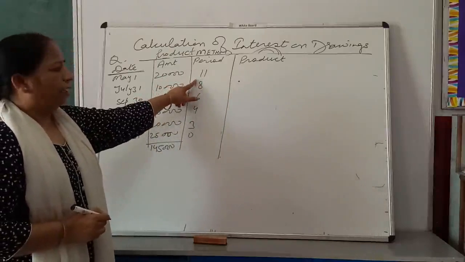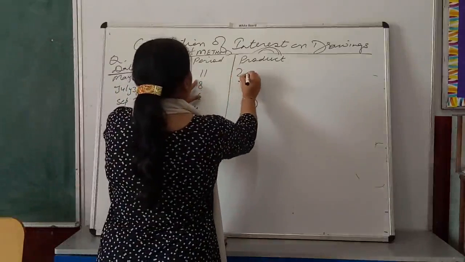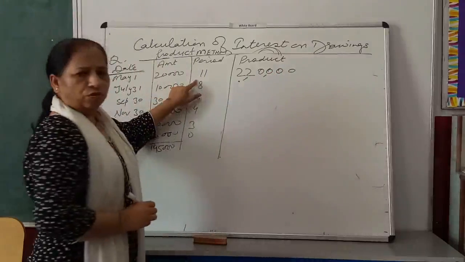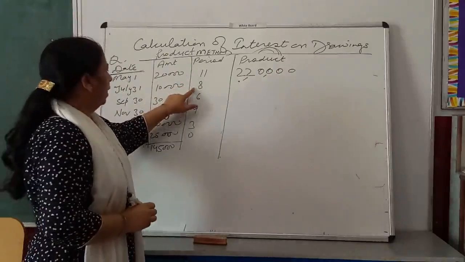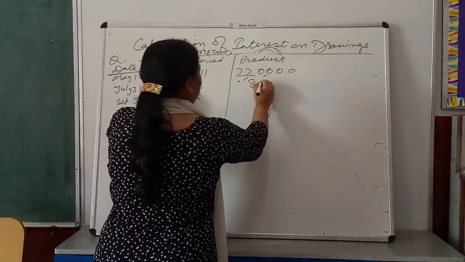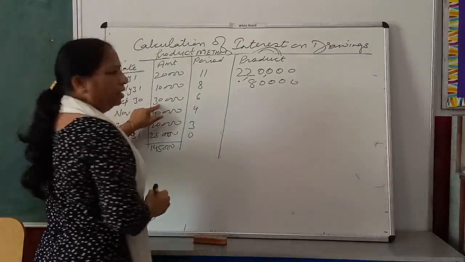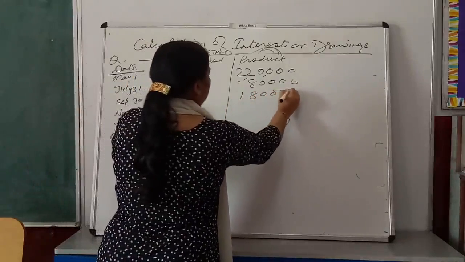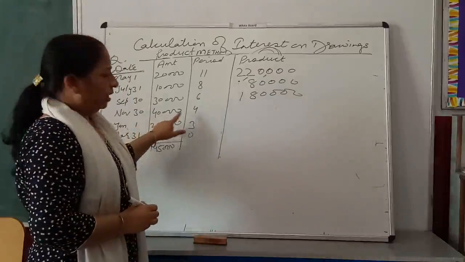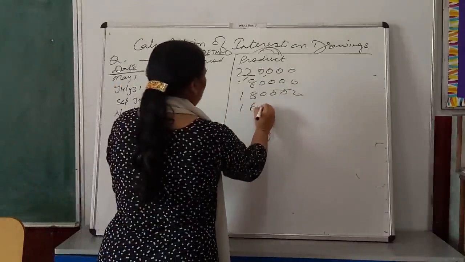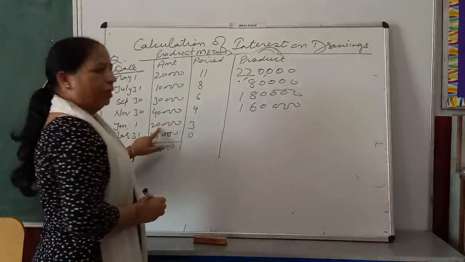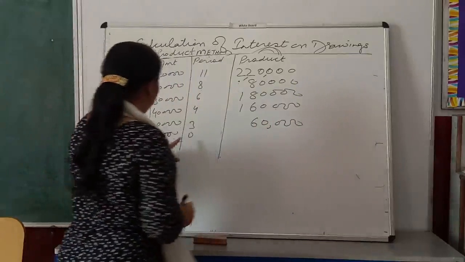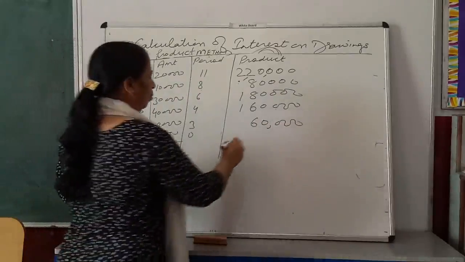20,000 multiplied by 11, you will get 2,20,000, right? 10,000 multiplied by 8, 80,000. 30,000 multiplied by 6, 1 lakh 80,000. 40,000 multiplied by 4, you will get 1 lakh 60,000. 20,000 multiplied by 3, you will get 60,000. 25,000 multiplied by 0, you will get 0.